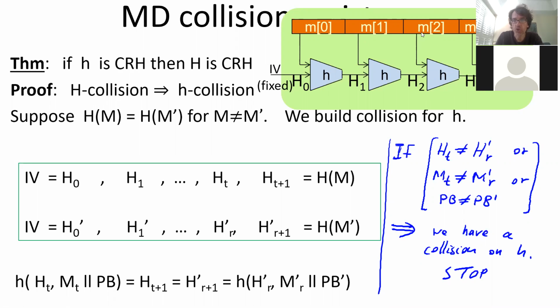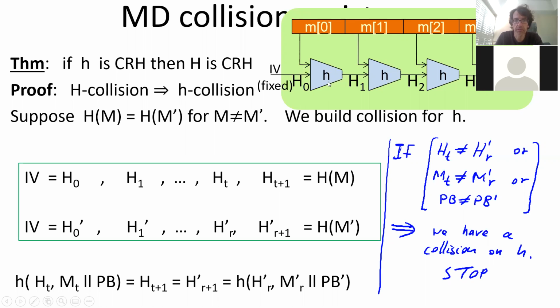So the only other case is that these things were the same. But that means that the block before the last was the same in the two messages, and also this intermediary wire value was the same. So continuing this argument, you will basically have two things. All these HIs from the last to the first must have been the same in both executions, and all the blocks were the same. If the padding block didn't include length, then this argument would break in the last block.